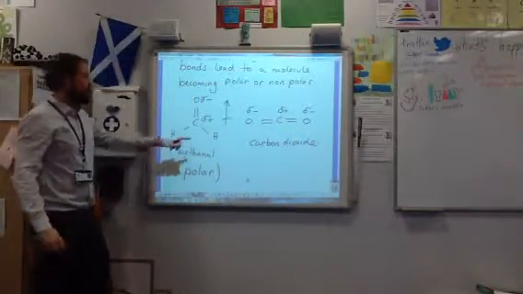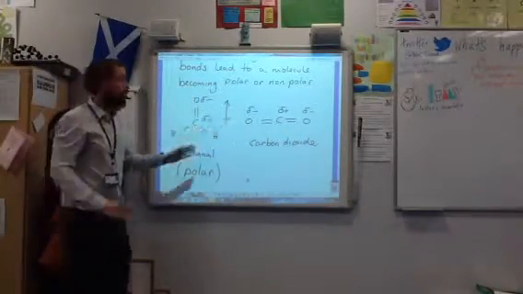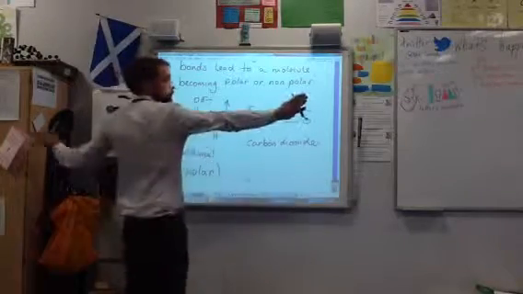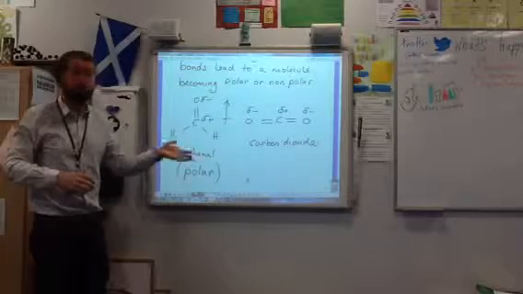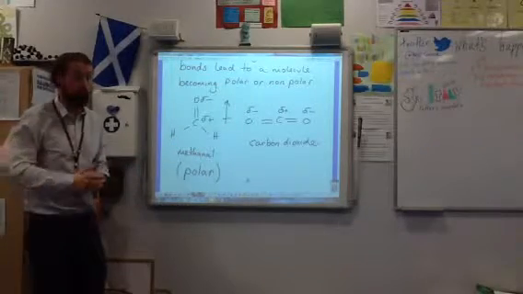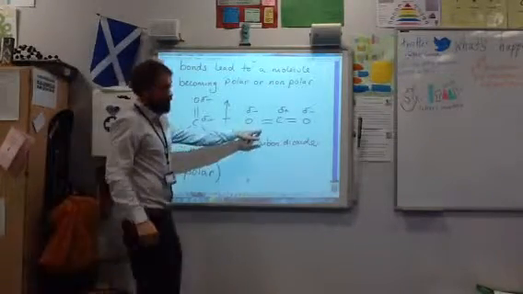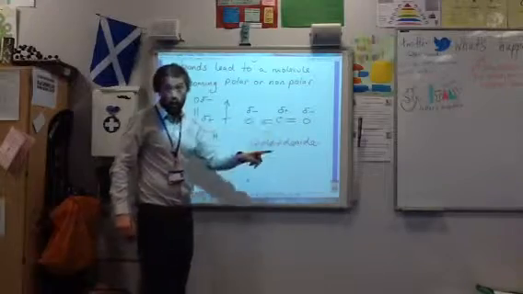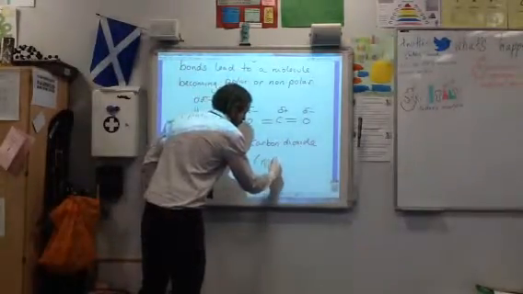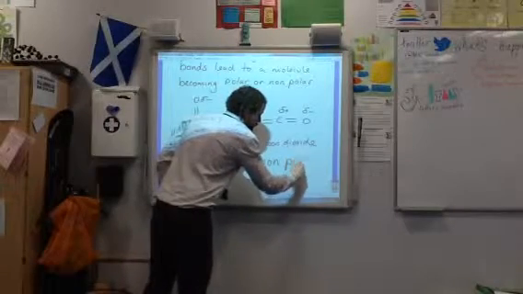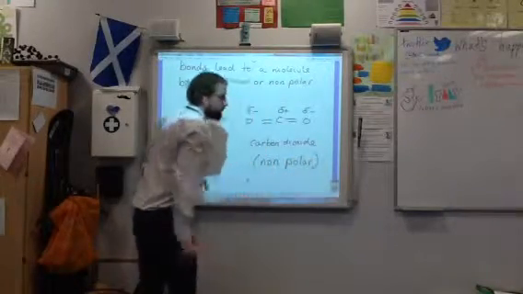Now, carbon dioxide does not have a dipole moment because electrons have been drawn away from both sides, which means it doesn't have a negative left and a positive right, negative top, positive bottom. So the spatial arrangement of atoms in this does not allow it to be a polar molecule. So this is non-polar.